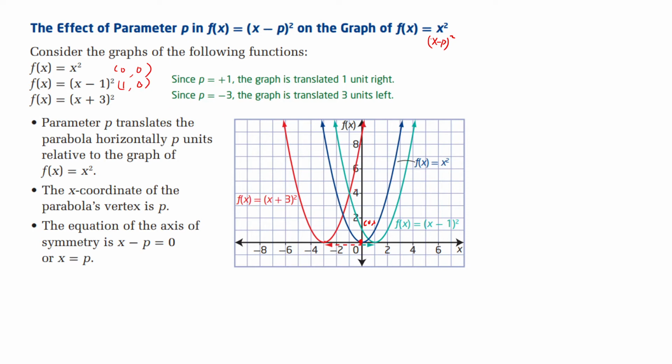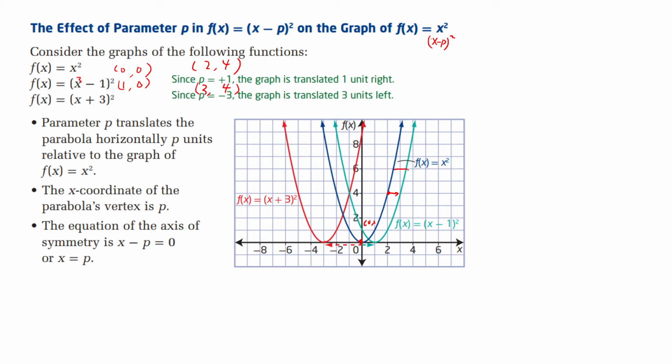And the point, for example, (2, 4), if we want to keep the y value the same, the x value should become 3, right? Because (3 minus 1) squared is equal to 4.